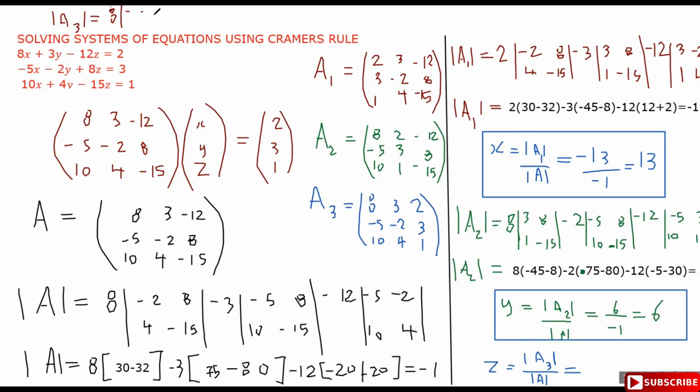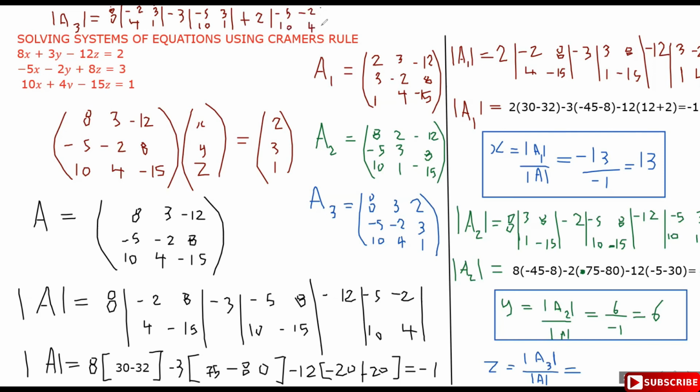Then it's going to be minus, let me see, this is now 3 times the determinant of, cross that, minus 5, 3, 10, 1, and then that is now plus 2 times the determinant of, cross this, that's minus 5, minus 2, 10, and 4.